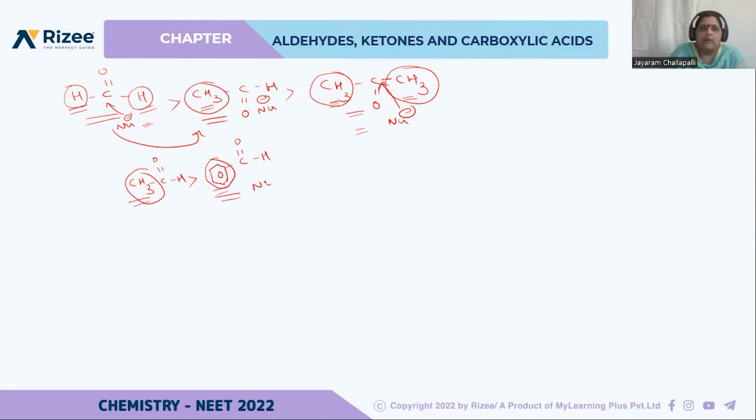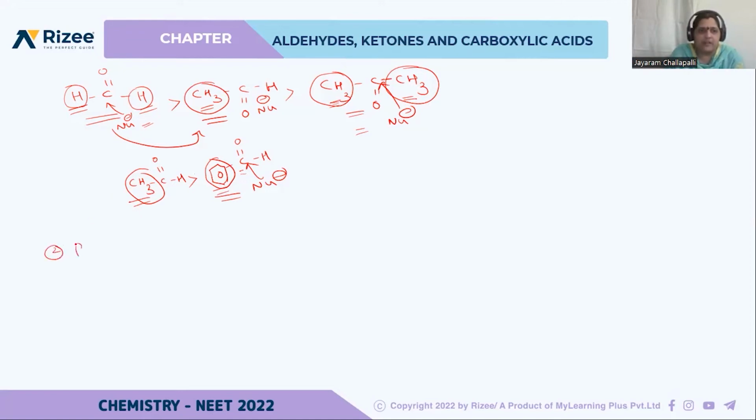So it further stops the nucleophile from coming and attacking this positive carbon atom. So what we learned from this: if bulky groups are increased, or the carbon chain is increased, the reactive nature decreases. This is steric hindrance. So from this, aldehydes are more reactive when compared to ketones.